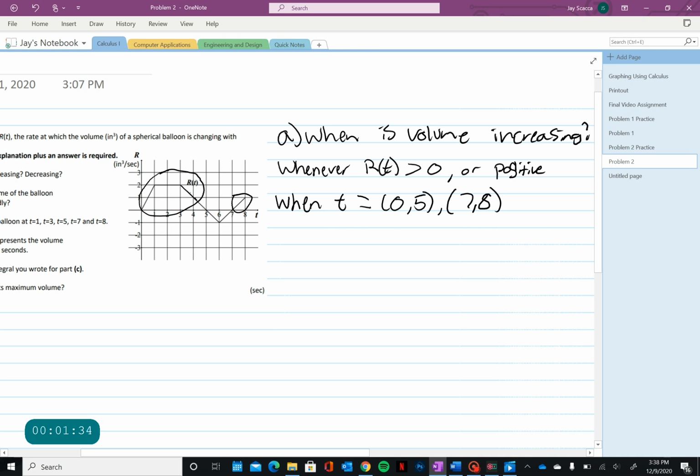Even though it looks like it's decreasing right here, it's really not, because since this is a rate, like at t equals 4, the rate is still 1 inches cubed per second, as well as 2, it's still getting larger.